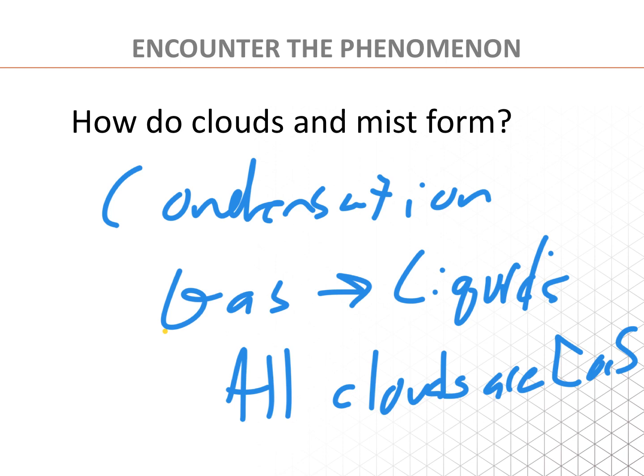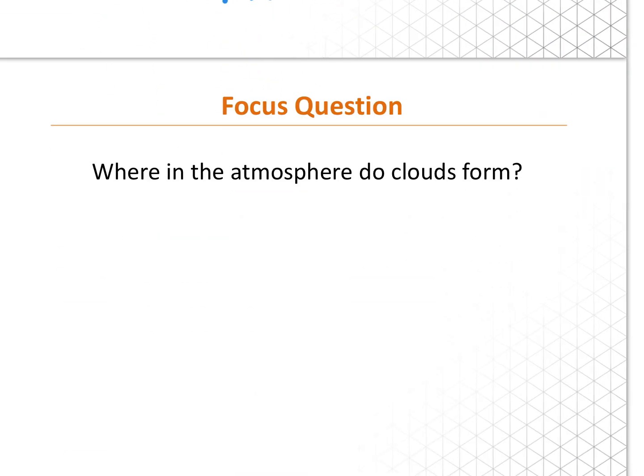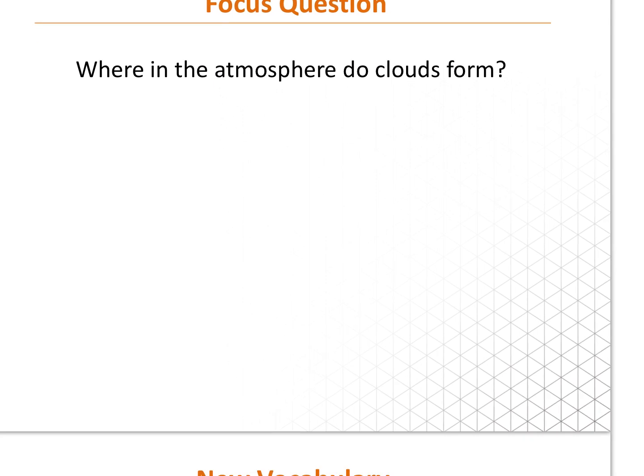All right. So let's get into some of this. But first, let's try and understand, very simply, where in the atmosphere do clouds form? So clouds, water, and really all these things that we call weather take place in a layer of the atmosphere called the troposphere.